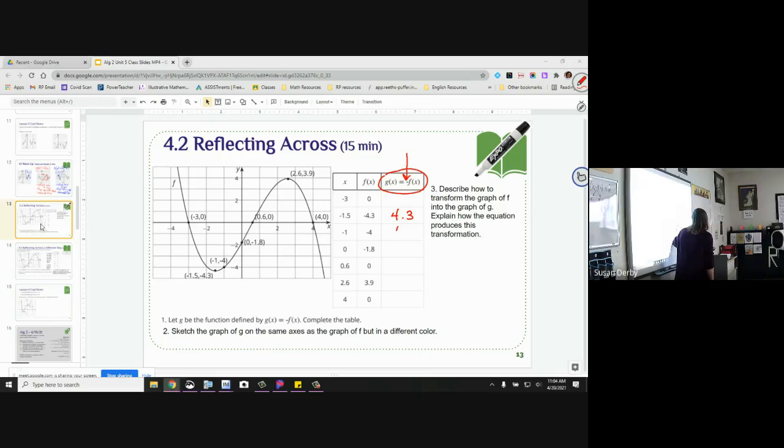Negative 4 is going to turn into a positive 4.